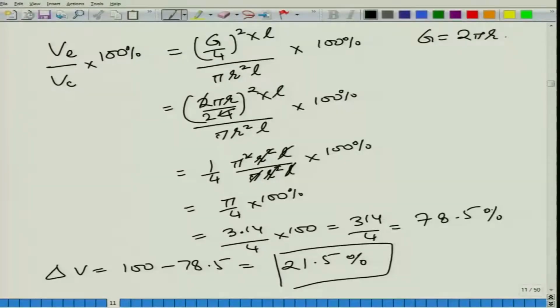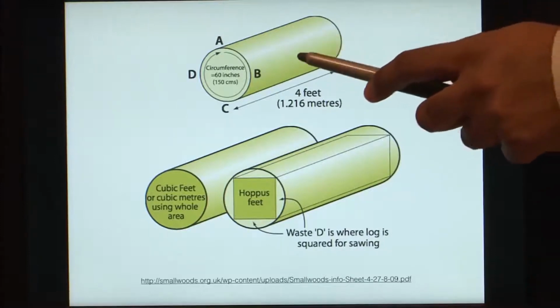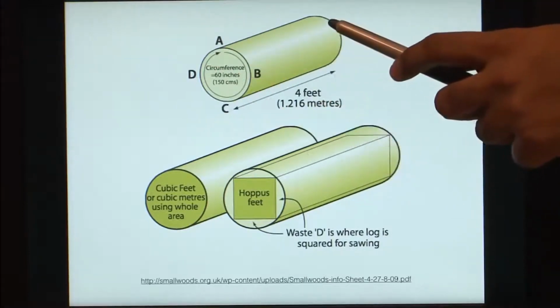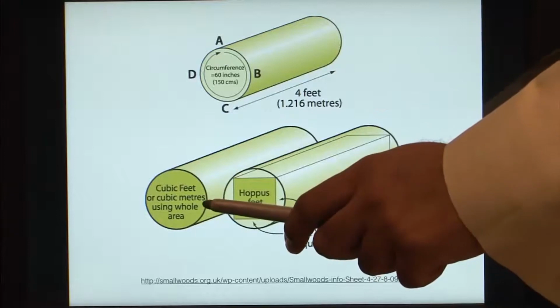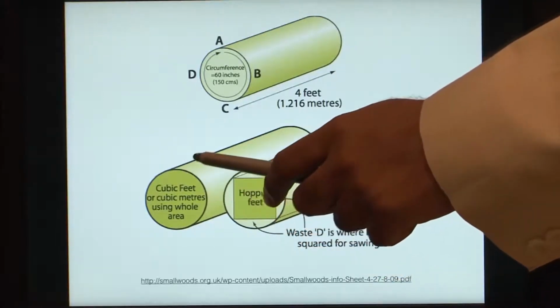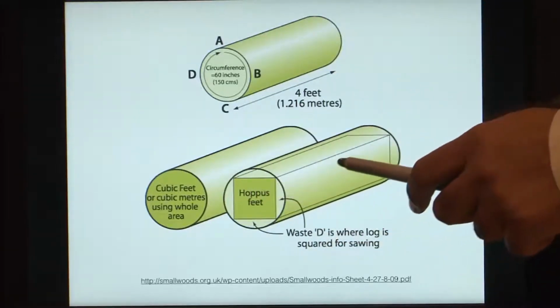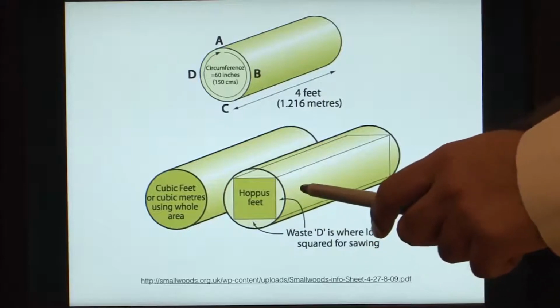Let us go to the slides now. Here you have a log that is in the shape of a cylinder. This is the volume that we get if we measure the complete solid, and this much is the volume that we are getting out of the quarter girth formula.